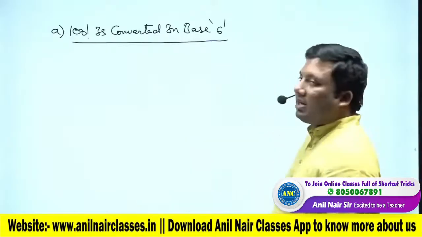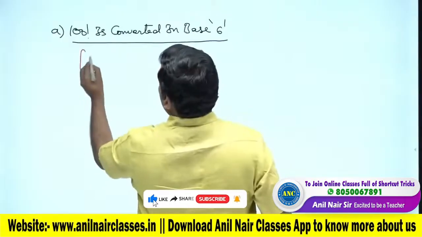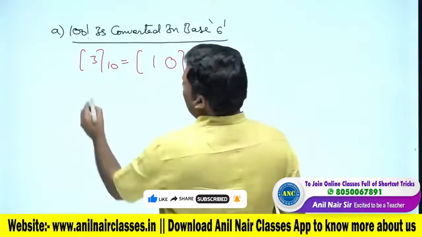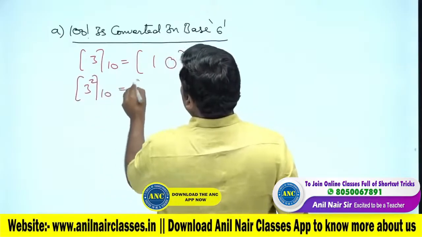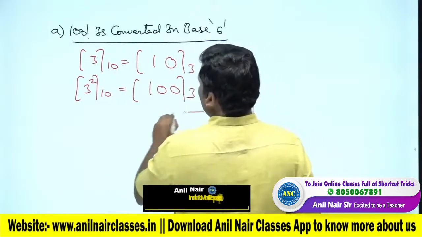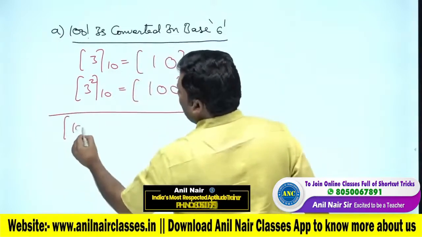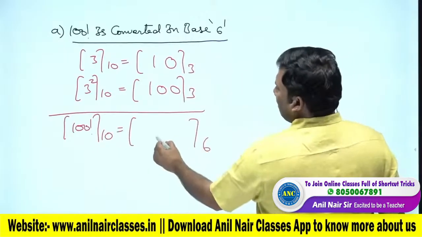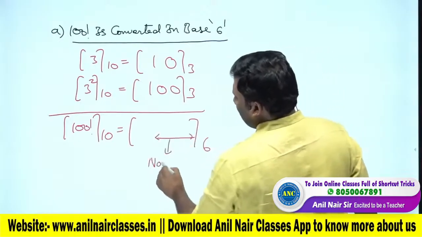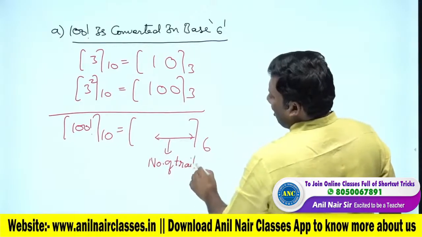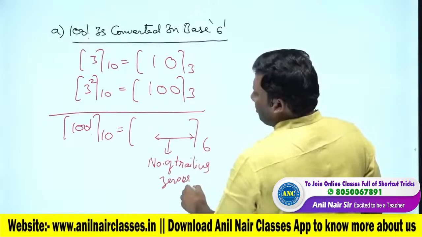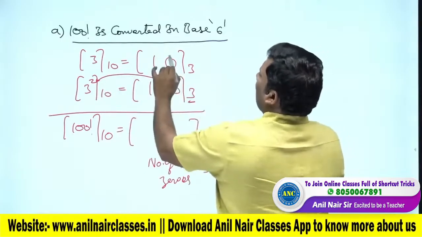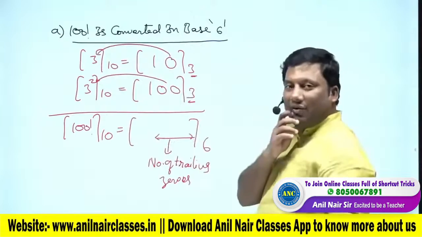100 factorial is converted into base system 6. 3 in base system 10, converted into base system 3, is 1 0. 3 square converted into base system 3 is 1 0 0. 100 factorial in base system 10, if I convert into base system 6, the number of trailing zeros at the end is the power of the base.